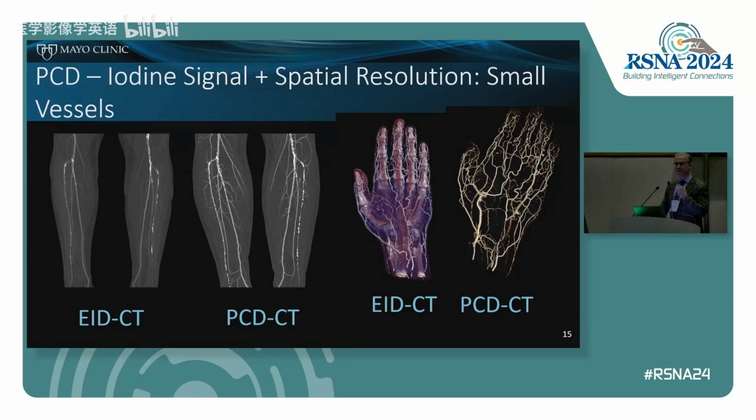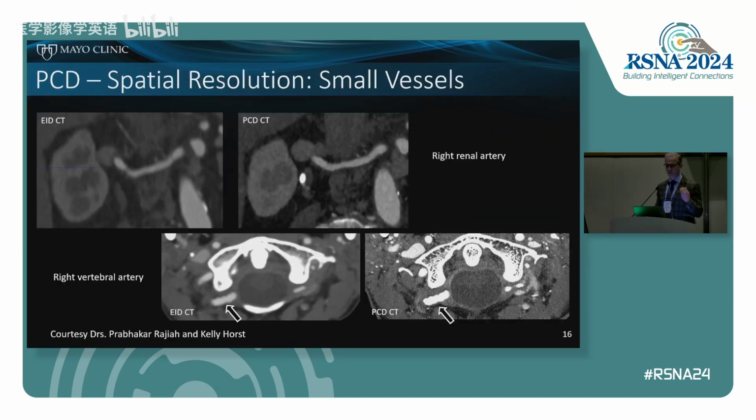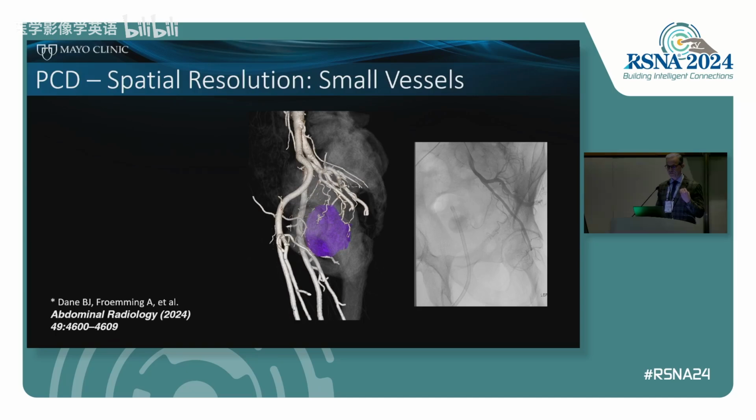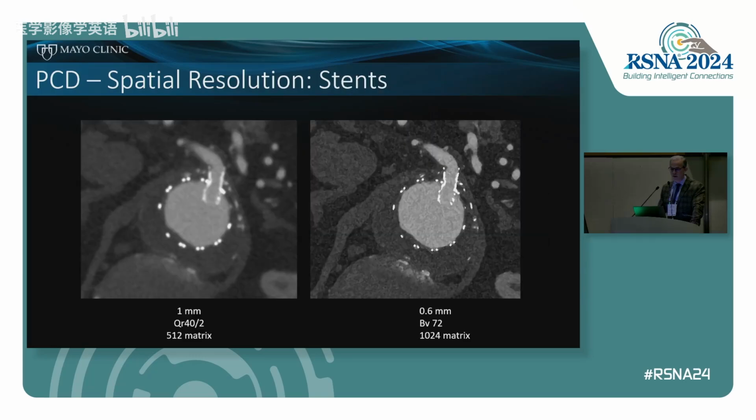Another theme that we see in other areas of the body, from neuro to runoffs, is that PCD is better at small vessels. So here's an example of fibromuscular dysplasia in our practice. And in fact, we do prostatic embolizations in our practice, and they get routine PCD CTAs to help visualize and shorten the time to recognize where that feeding artery is located.